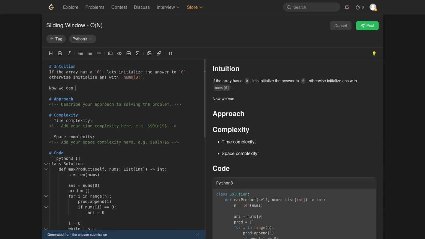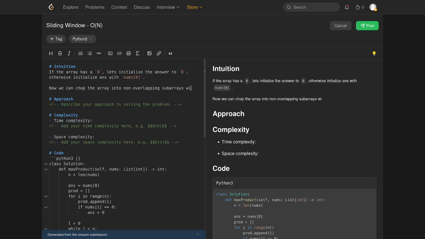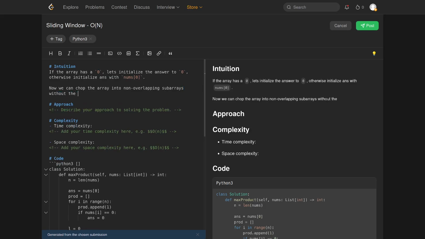Now we can chop the array into non-zero subarrays, i.e. into non-overlapping subarrays without the zeros.